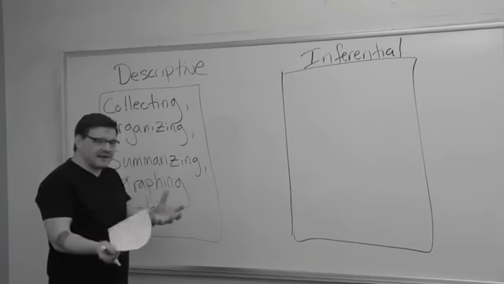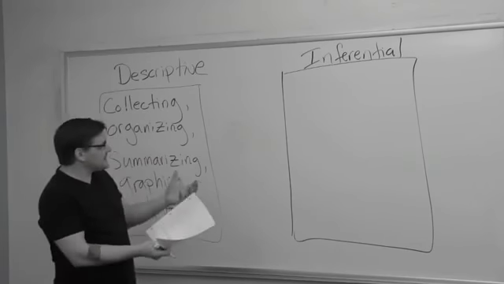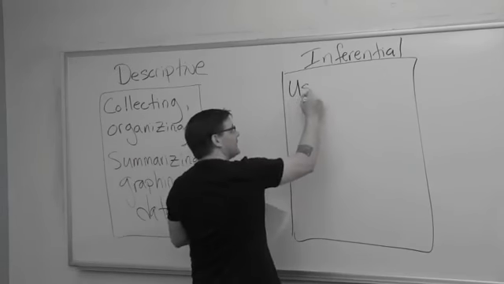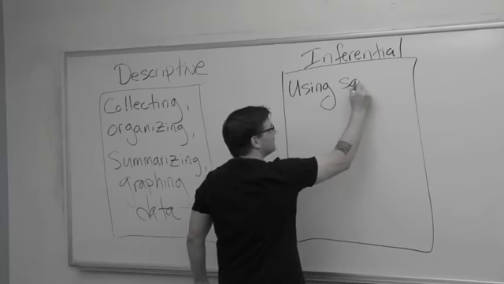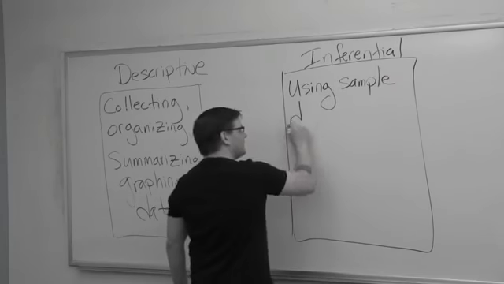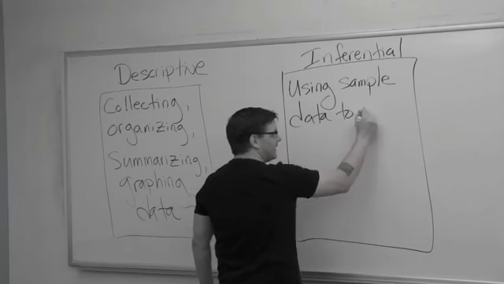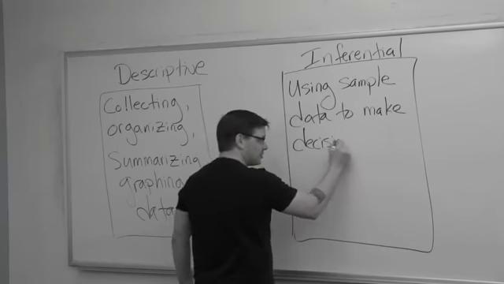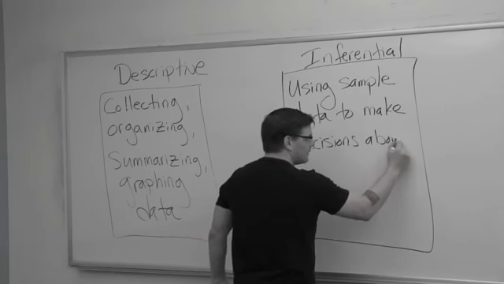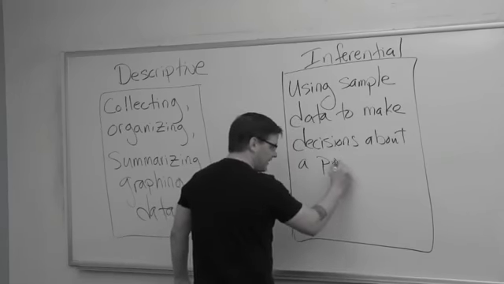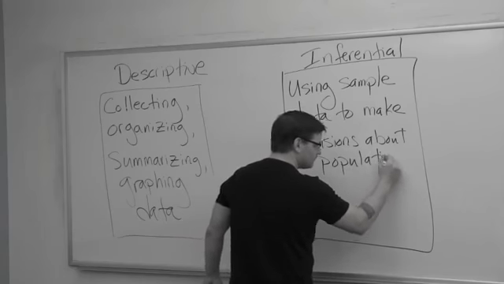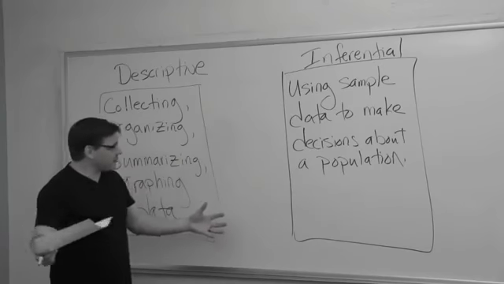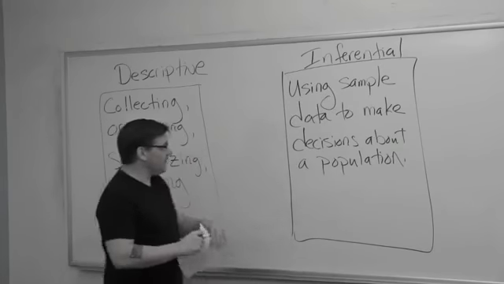It means once you've collected a sample of data, we're going to use that sample to make decisions or conclusions about the whole population. Remember, the population is the big group that we're interested in, and the sample is just a little piece of the pie.